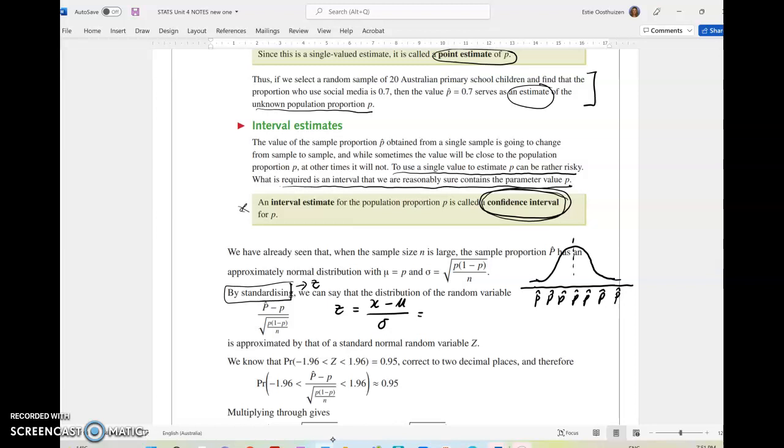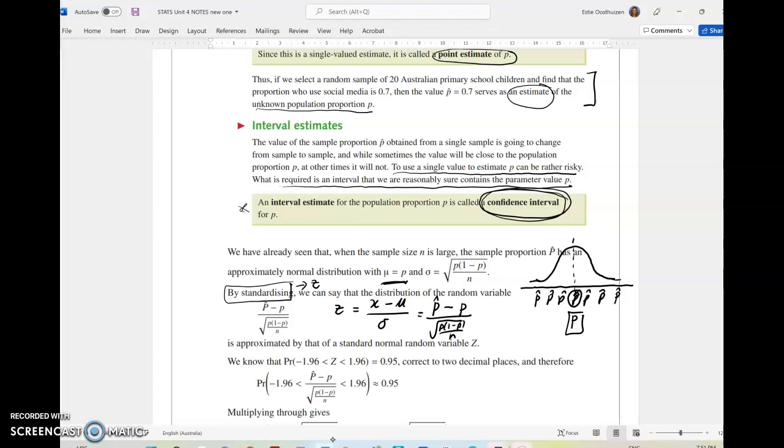And our mean, our middle value of the sample proportions, will be our population proportion. All right, so our x values on here are our sample proportions. Our mean is P from our definition. And then our standard deviation, so I'm going to substitute it in with that.